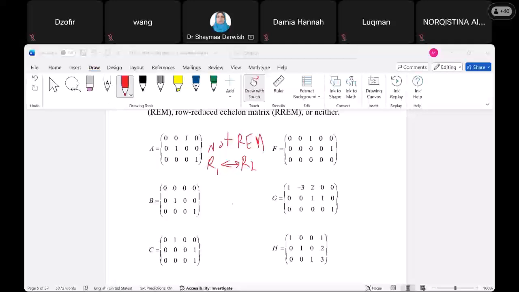Is matrix B in row echelon form or not? Okay, what about the others? Lena said yes. What about the others? Do you agree or not? Is it a row echelon matrix or not?